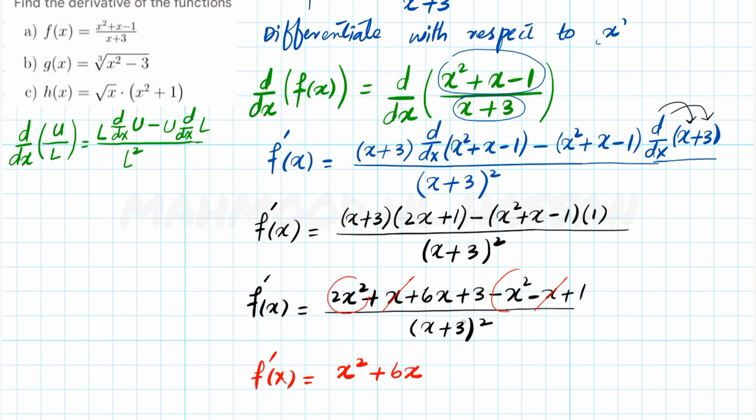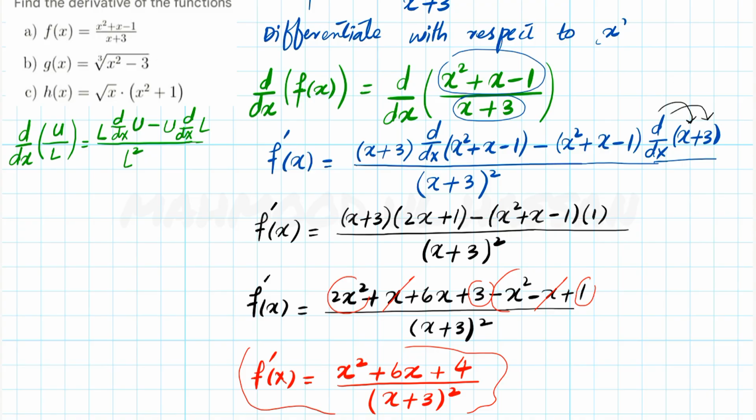So plus 6x, and 3 plus 1 is going to be 4, divided by x plus 3 whole squared. Okay, so this is the final derivative of the given function.